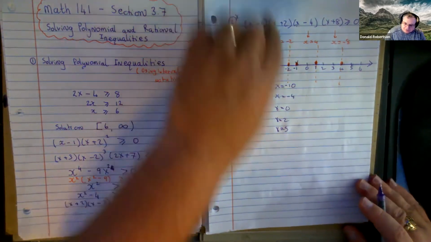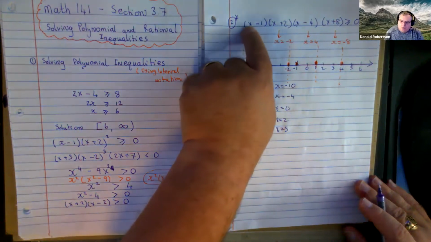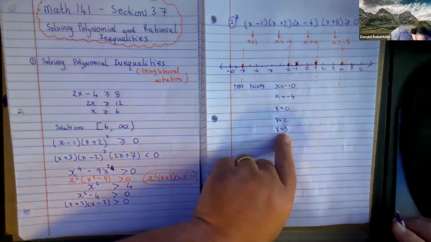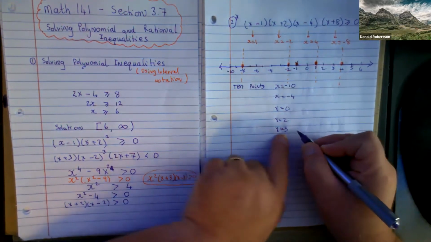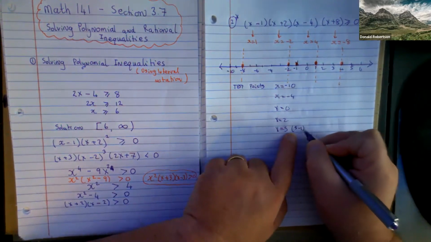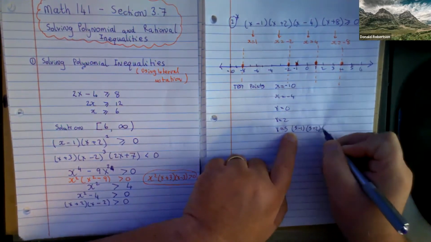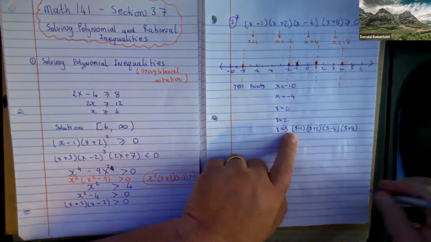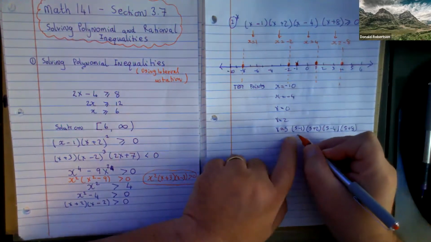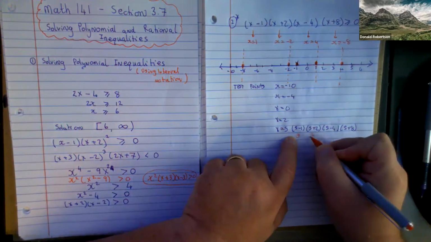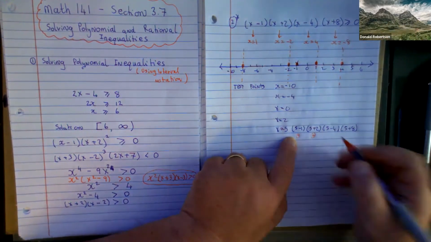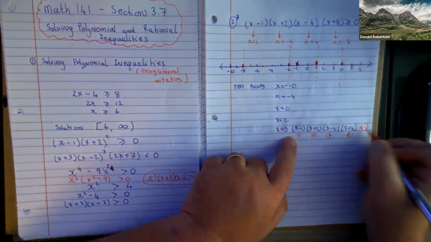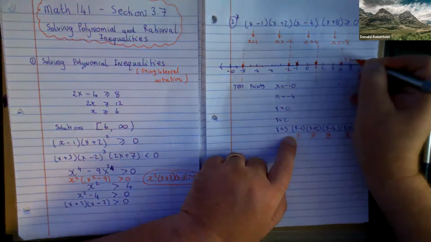Now, for each one of these, we figure out whether the answer is positive or negative. Let's do x equals 5. It would be 5 take away 1, 5 add 2, 5 take away 4, and 5 add 8. Everybody is positive, so the answer is positive.